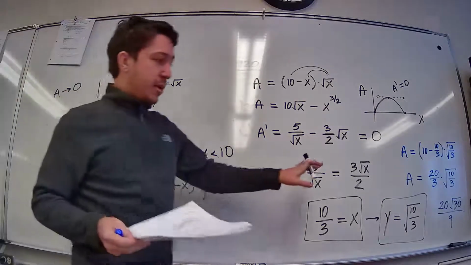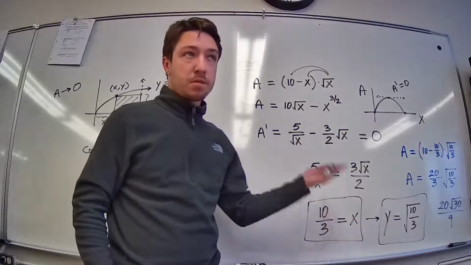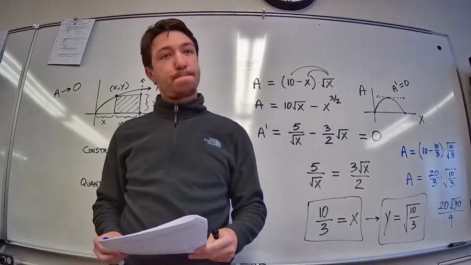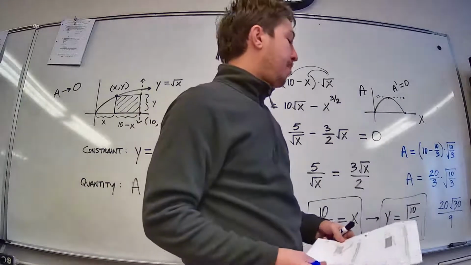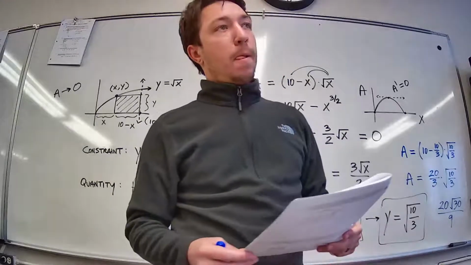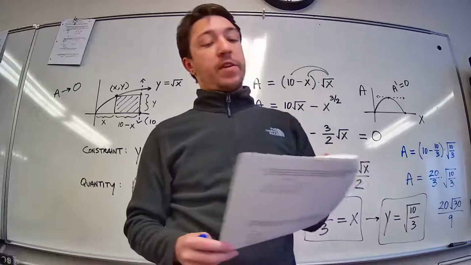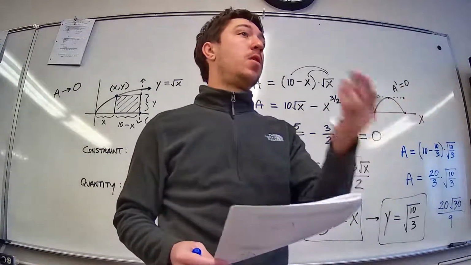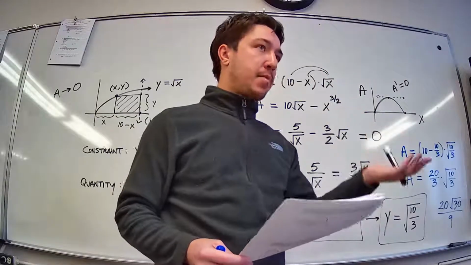Let's back up. Were there any questions on those last 2 steps? The answer depends on how the question's phrased. Suppose the question had said, what are the dimensions of the rectangle of the maximum area?